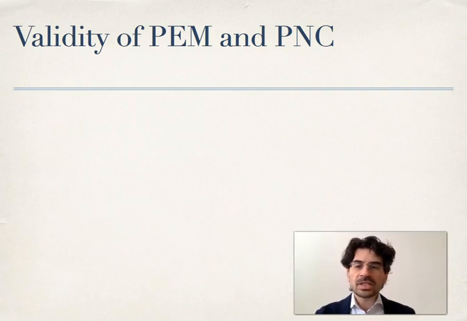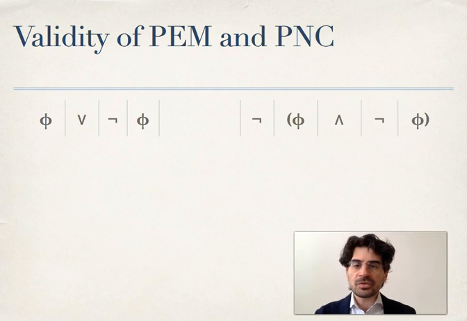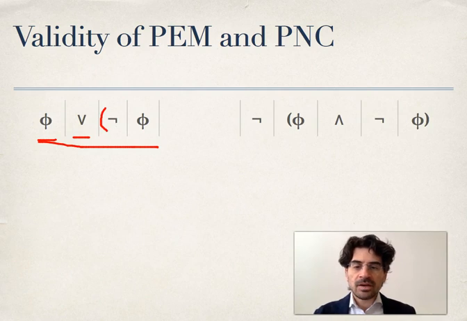The principle of excluded middle is the first formula that we see here on the left-hand side, and it reads phi or not phi.